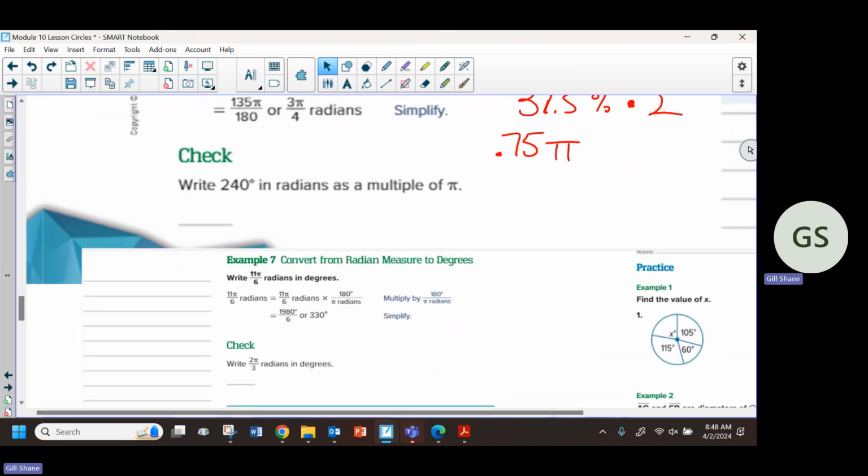Oh, that's all it is right there. Let's see. Chance, wake up. I'll do it. Got to prove it to me. Mapping, you must know how to do it, right? I want you to convert 240 degrees into radians as a multiple of pi. All right, go ahead. I want you to do it now. I'm going to start solving it. I just will cover it up so you can't see it.